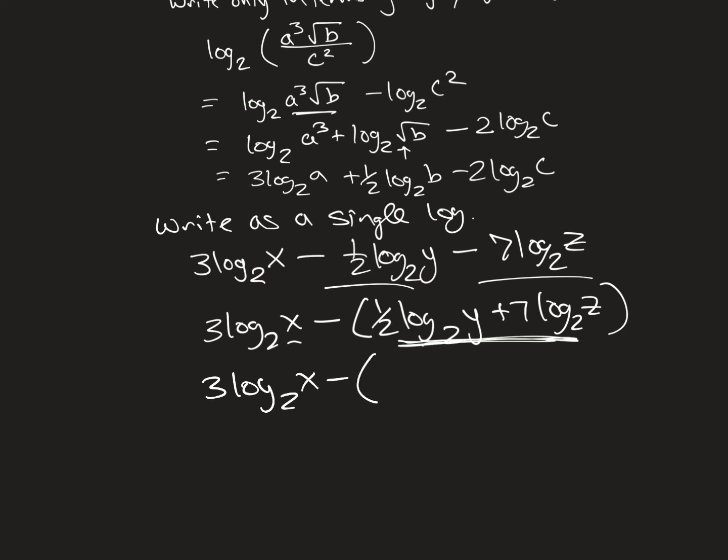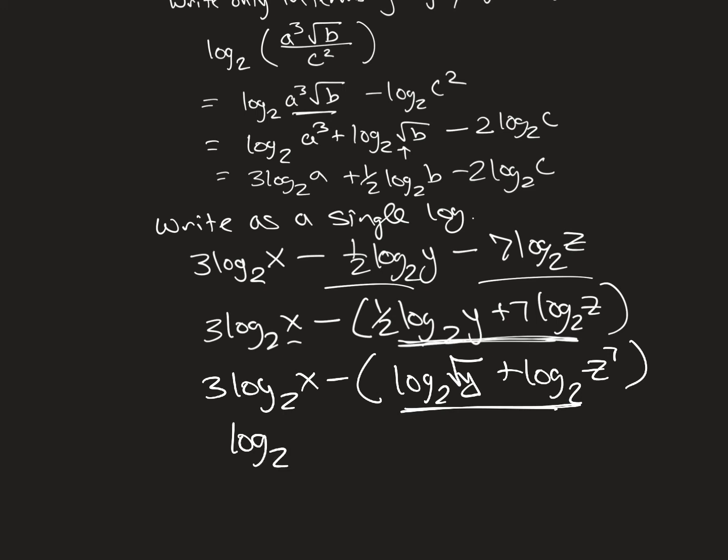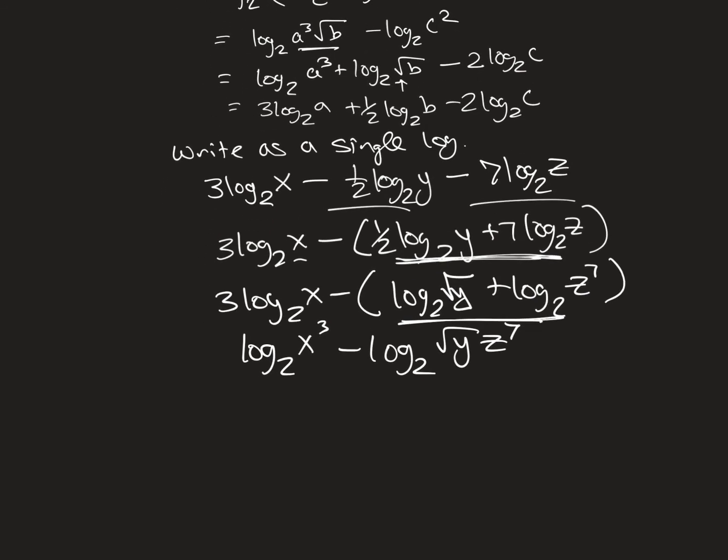So I have minus log base 2 of y to the 1/2, or the square root of y, plus log base 2 of z to the 7th. And then again, addition will go to multiplication. So log base 2 of x cubed, I just brought that 3 up as an exponent, minus log base 2 of root y z to the 7th. And then subtraction again goes to division. So x cubed divided by square root of y z to the 7th.